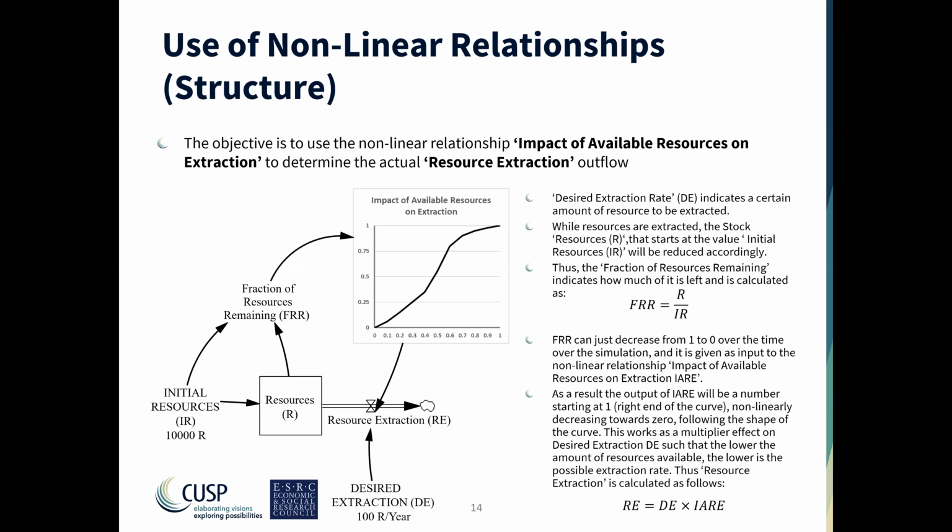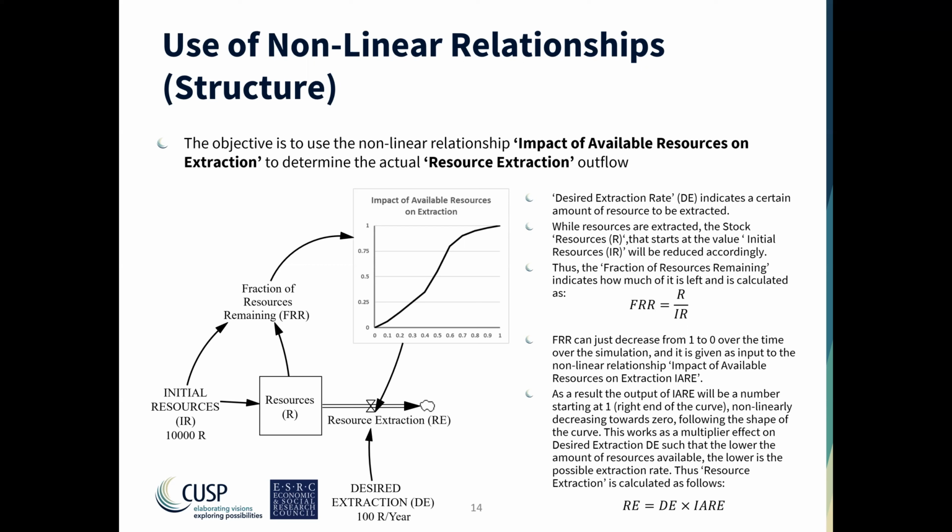Of course, it will be at maximum level at the beginning of the simulation, exactly 1, since resources equal the initial resources, and over time will decrease. This will imply the fraction going towards zero, bringing together, nonlinearly, the resource extraction towards zero.